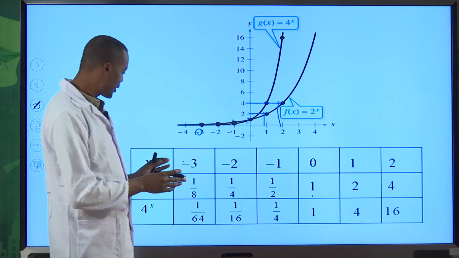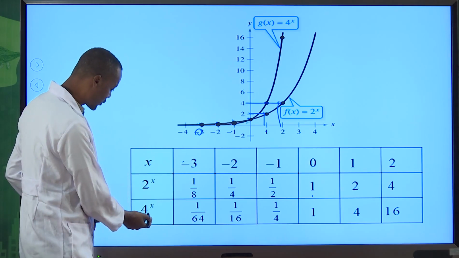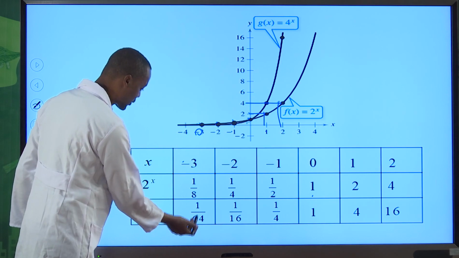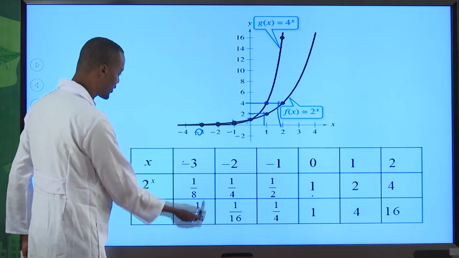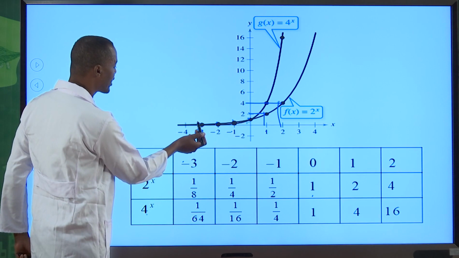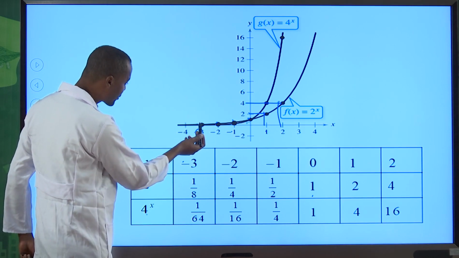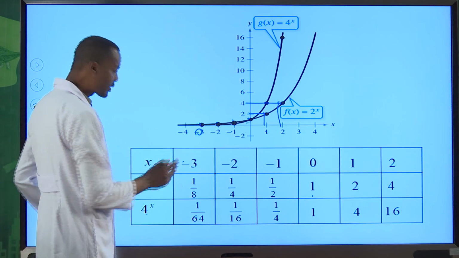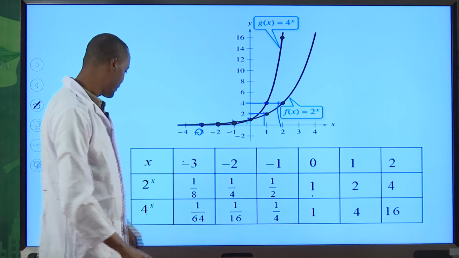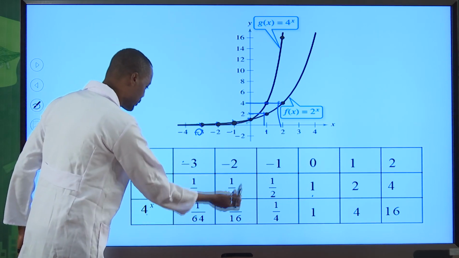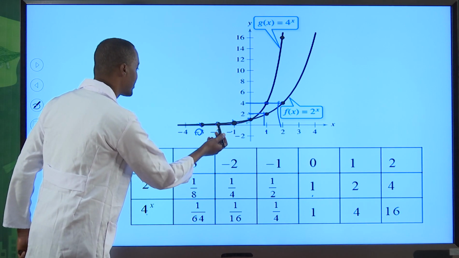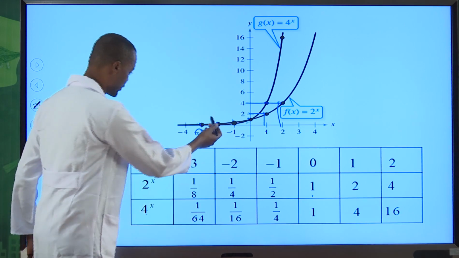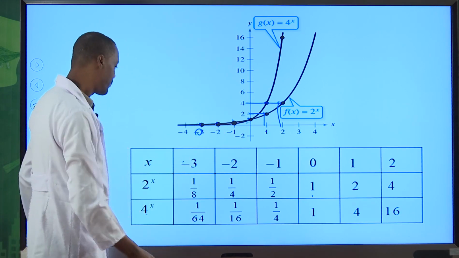With a similar argument for the other function, that is 4 to the power of x: if I choose minus 3, that becomes 1 over 64. That is a little bit overlapping with this point, but it also lies here, a little bit underneath that. And if I choose minus 2, then 1 over 16 is also this point, but below that.